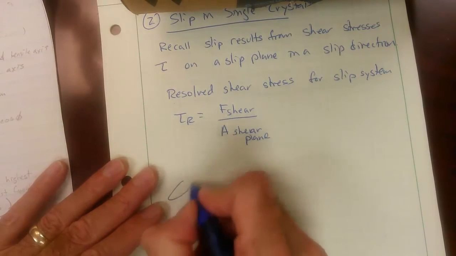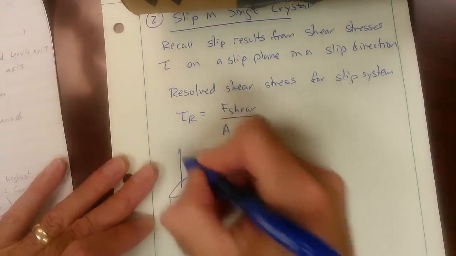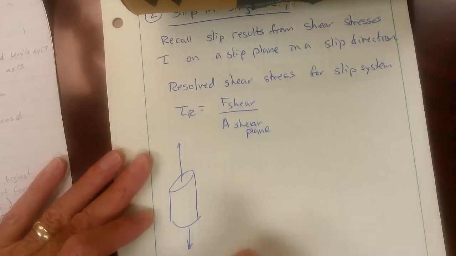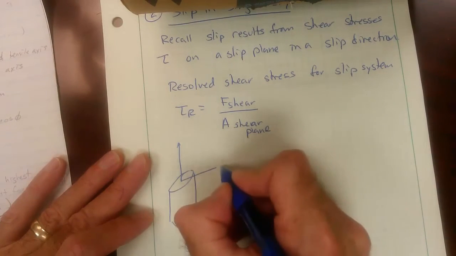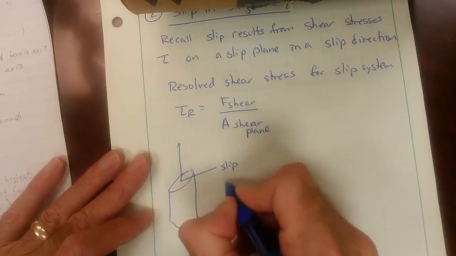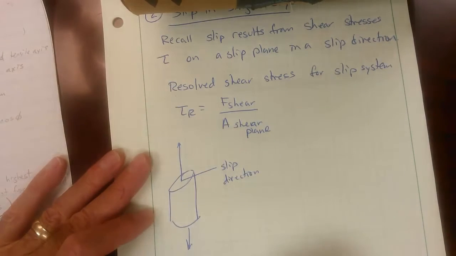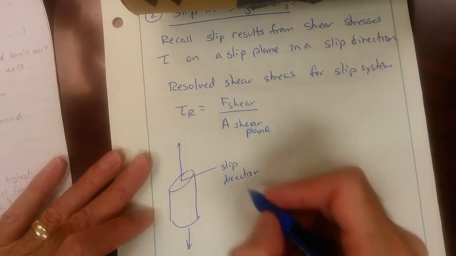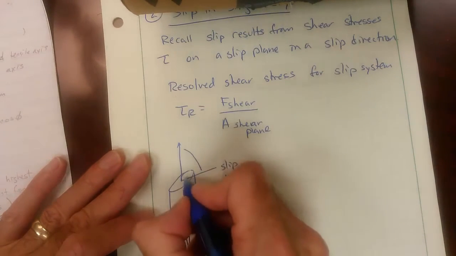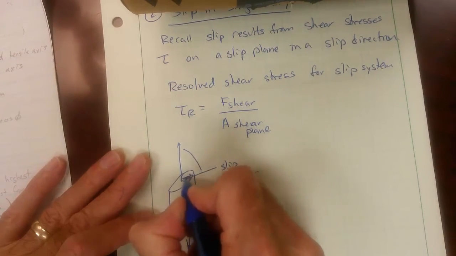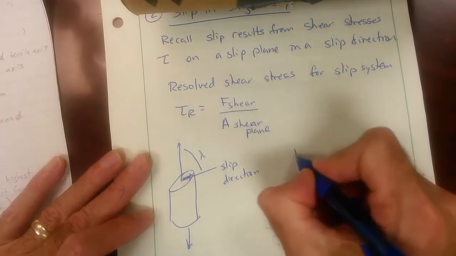Okay, so here is the end of my single crystal tensile specimen. Force is applied. I'm going to have the slip direction at some angle off to the right. The angle between the normal force and the slip direction, which is the direction we're trying to find tau r in, is lambda.